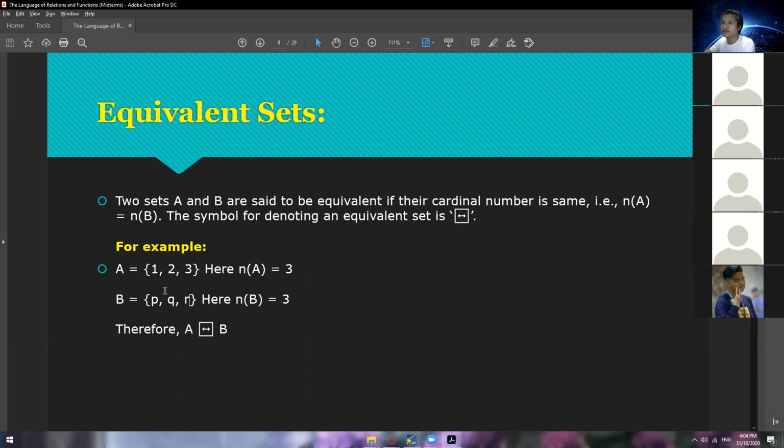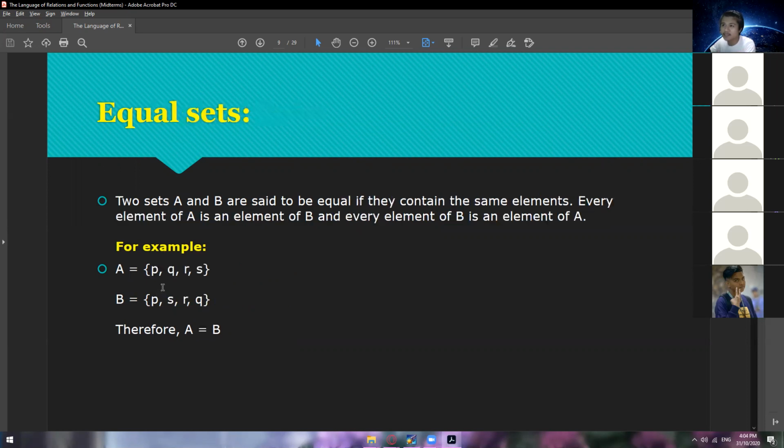Alright? And then, ito na yung dapat alalahanin when it comes to physical appearance, equal sets. So, dapat dito, magkaparehas talaga sila ng physical appearance or ng distinct elements. Okay, so we have letter P here, we should have letter P on the other side. If we have letter Q here, we should have letter Q on the other side. So in here, wala namang problema when it comes to arrangement.